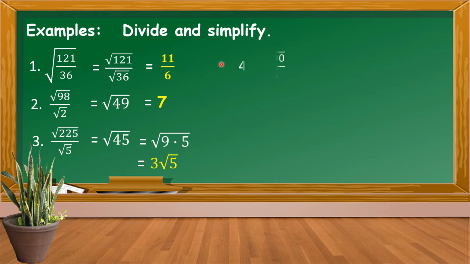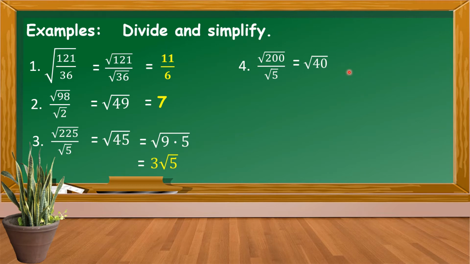We will proceed to number 4. Square root of 200 divided by 5. Again, 200 is not a perfect square, as well as 5. But we can divide 200 by 5. We have the square root of 40. And 40 is not a perfect square, but there are factors of 40 wherein one factor is a perfect square.